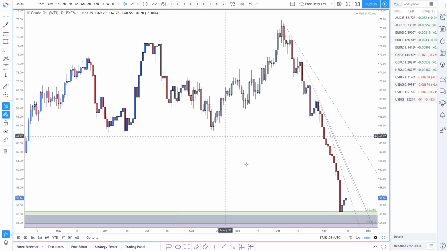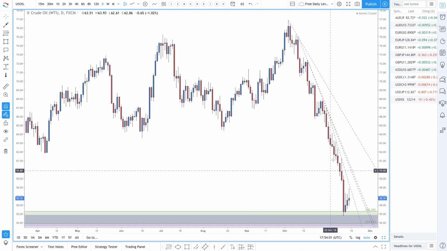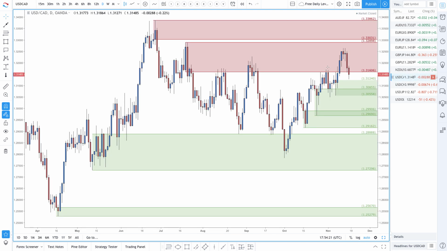All right, what you can see is this massive sell-off right here. So the Canadian dollar is a beneficiary of oil prices, as it is Canada's main export. And if the price of oil is selling off, then you can be sure that pretty much the Canadian dollar is also selling off.